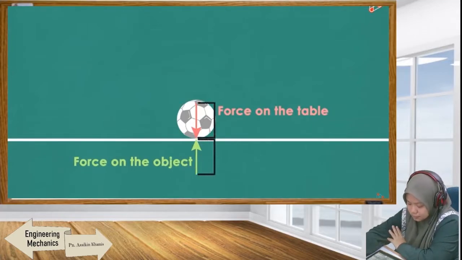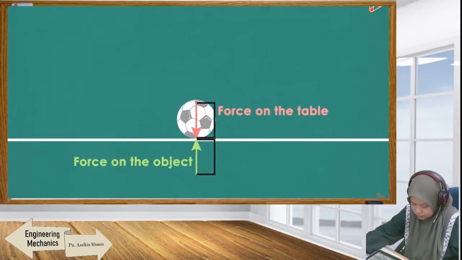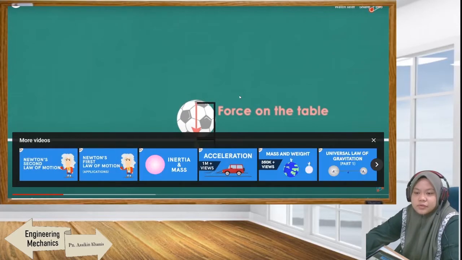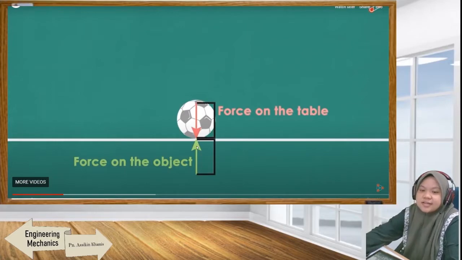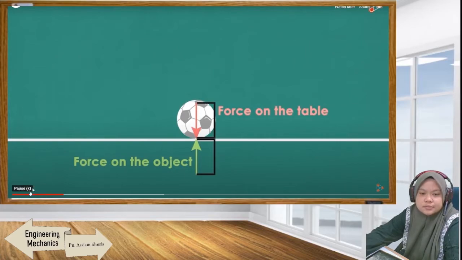The magnitudes of the two forces are the same, but the directions are opposite. Okay, so yang saya sebut tadi lah. So maksudnya walaupun kita tak nampak daya pada table ni, tapi sebenarnya table tu mengembalikan daya yang sama dengan yang daya dikenakan pada ball lah. Jumlah magnitude dia sama, arah arrow dia berbeza, direction dia berbeza.